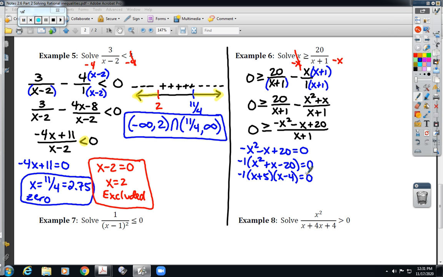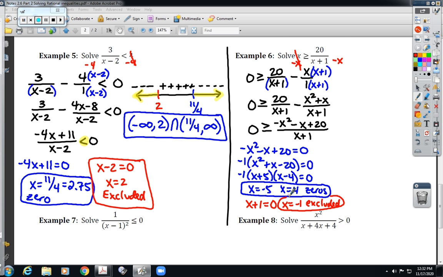Which means our zeros are -5 and +4. Our excluded value is a lot easier. That means x plus 1 equals 0, which is what value? -1. Okay, x equals -1 is our excluded value.